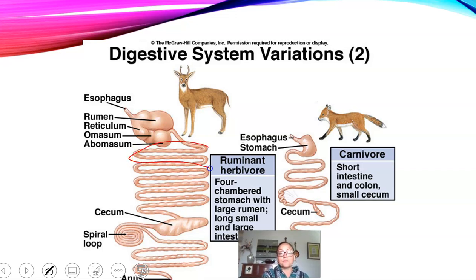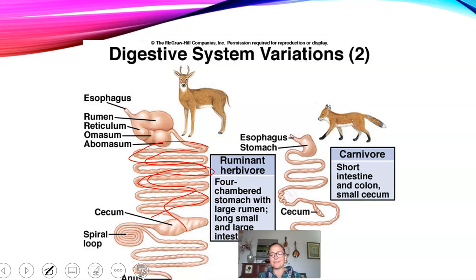You can see how an herbivore that's eating mainly plants covered in cellulose, that cellulose, we as mammals can't digest it. So bacteria in that large intestine help access the vitamins in those plants, and the long intestines help to give time for diffusion of nutrients.